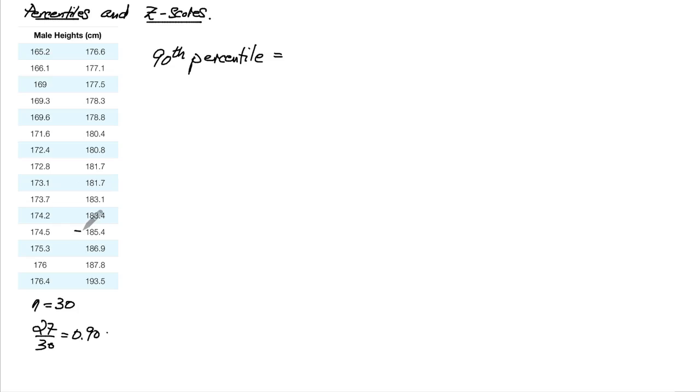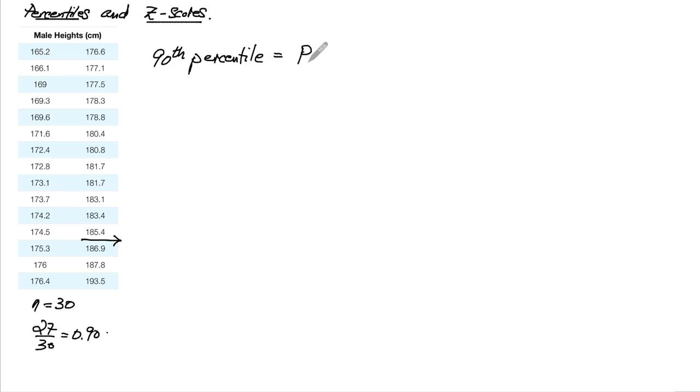And this particular individual is the 27th person in our sample, because this particular sample here, I've arranged them from smallest to tallest. So any value that falls in between here will ensure that you'll have 90% in your sample that are shorter than that particular height.